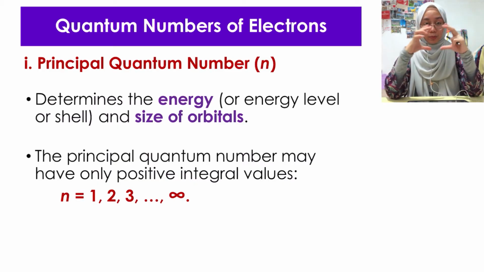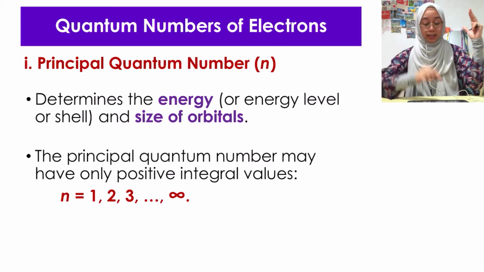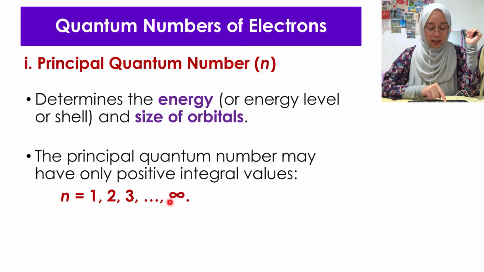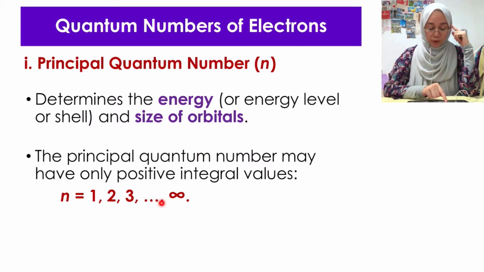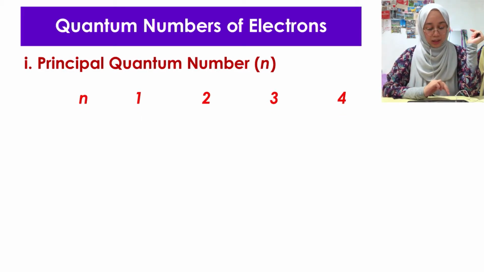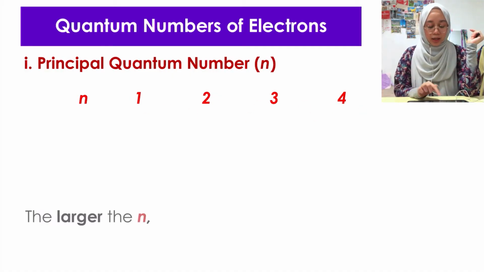Kan kamu belajar dulu orbit pertama yang paling dekat nukleus tu n equals to 1, and ada n equals to 2, n equals to 3. Basically inilah n sebenarnya. So ini kita panggil sebagai principal quantum number. Mewakili energy and also size of orbitals. Jadi if the value of n increases, daripada n1, 2, 3, 4, so the larger the n, what happened to the size of the orbital?